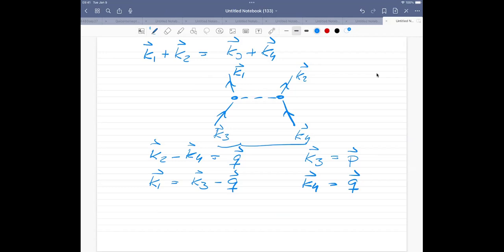So that means that I can rewrite K1 as, no, sorry, not K3, but as P plus Q. And I can rewrite K2 as K minus Q.